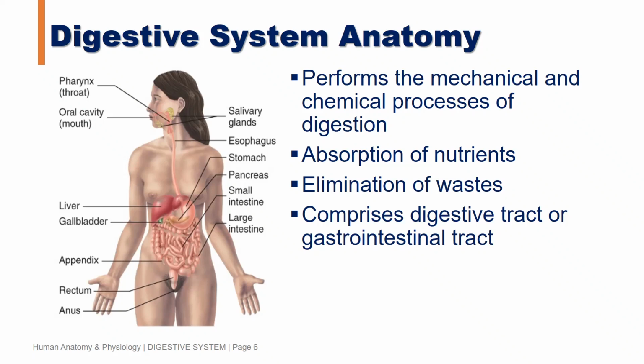Down here in the photo, we have our oral cavity or your mouth, and then you have your pharynx or your throat, your salivary glands, esophagus, stomach, pancreas, small intestine, large intestine, and then on the left side, you have your liver, gallbladder, appendix, rectum, and anus.